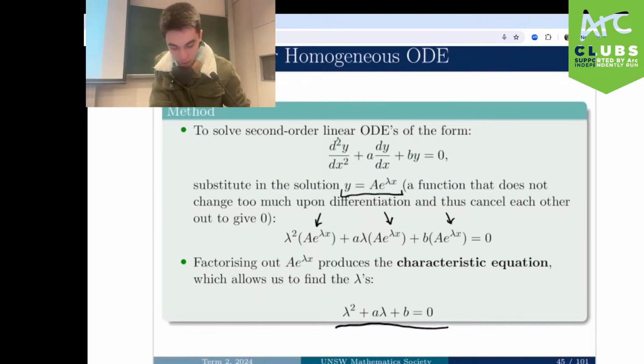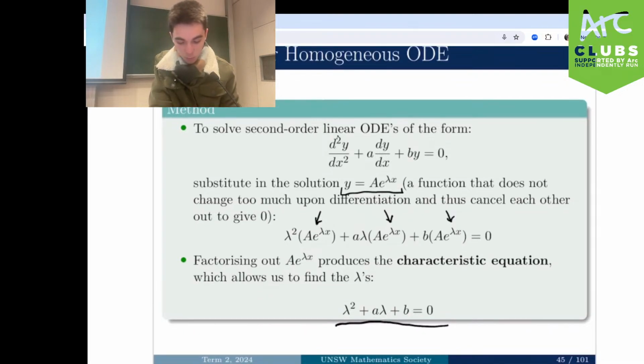And this quadratic equation is what we need to solve to find what lambda has to be. Notice that if lambda is a solution to this quadratic equation, right, then this exponential function guess that we inserted into the ODE will have to be a solution, right, for any coefficient a.